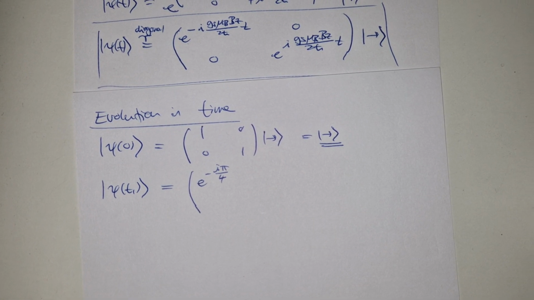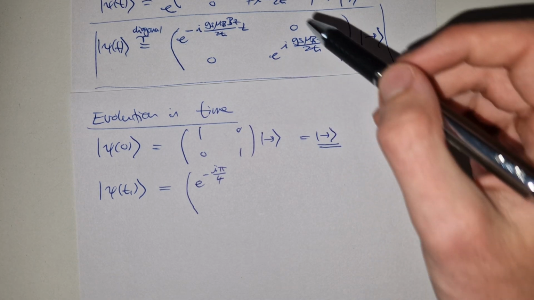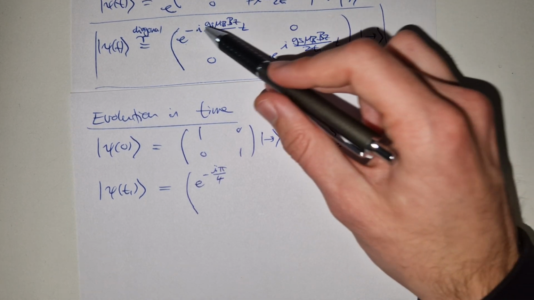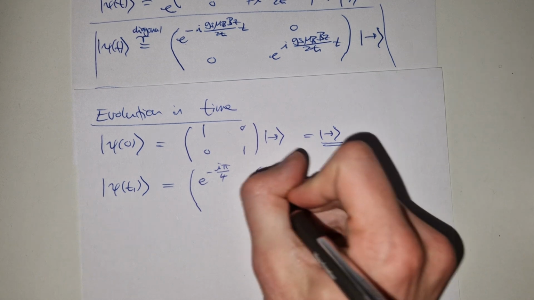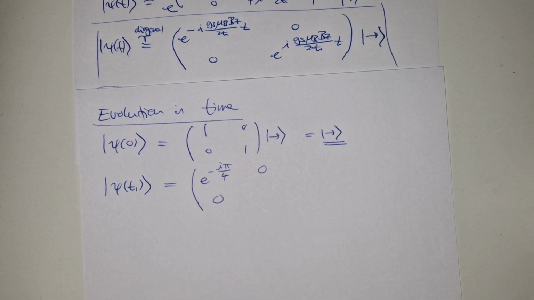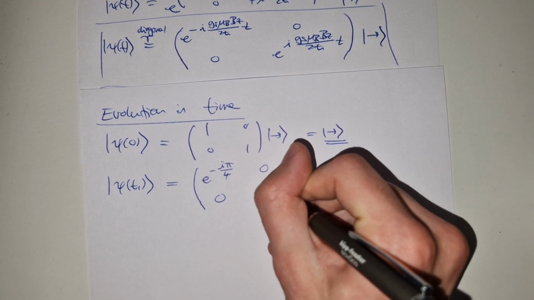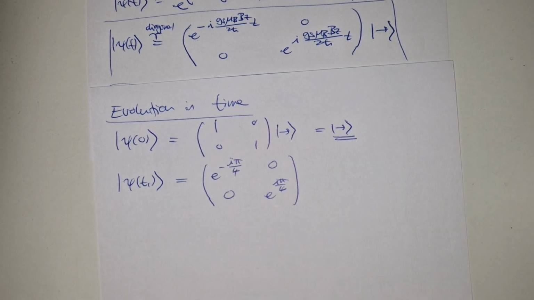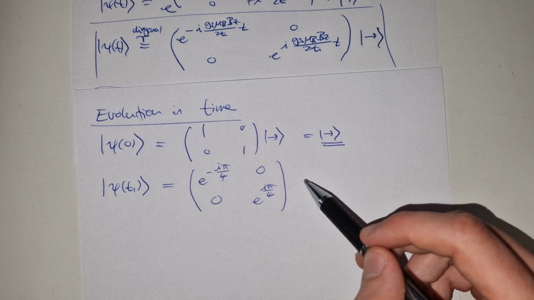I promise this will yield nice results in the end. So definitely there is a positive value of t such that this whole exponent will be pi over 4 times the i at the start, right? So there's no problem in choosing t1 so that this works. 0, 0, and if this is e to the minus i pi over 4, the bottom right one will be e to the plus i pi over 4 times the initial state, so times the spin right.